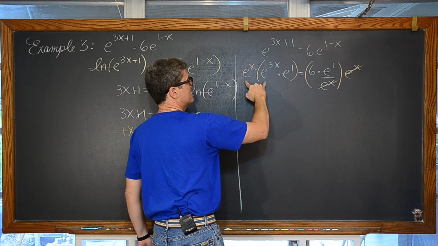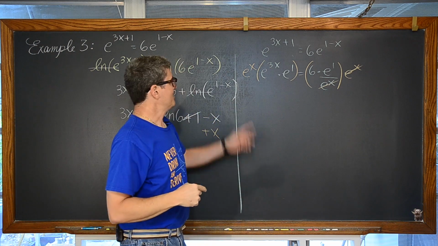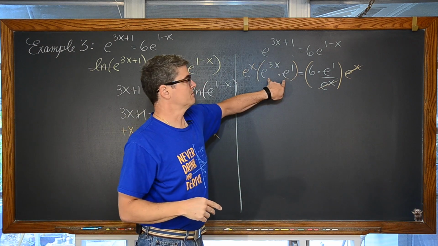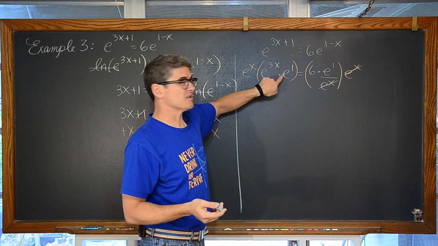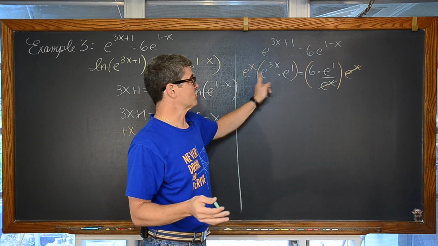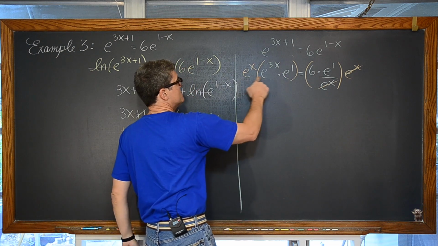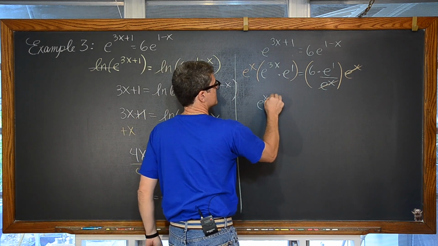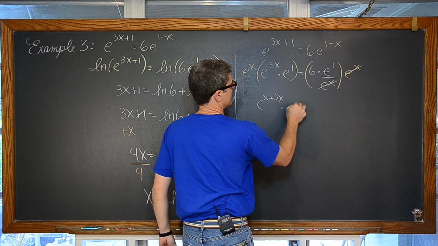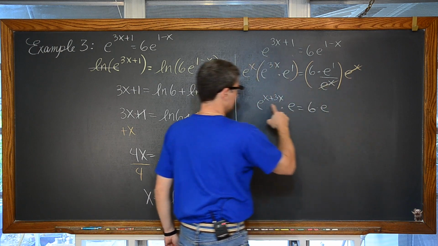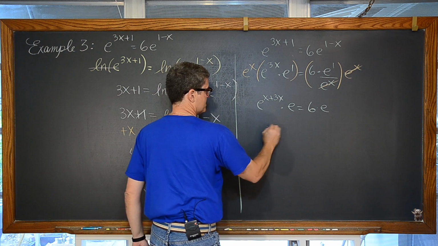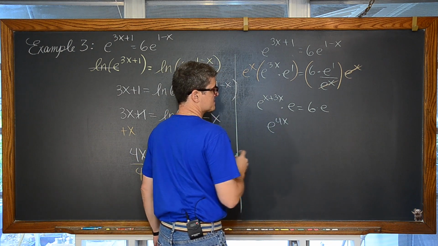When you multiply like bases, you add the exponents. I'm not going to be doing some kind of distributive property here. I kind of am distributing, but there's only one term in here, not a plus sign, so you don't have 2 terms. You don't multiply twice. So you have e to the x plus 3x times e equals 6 times e. Of course, 1x plus 3x is 4x.